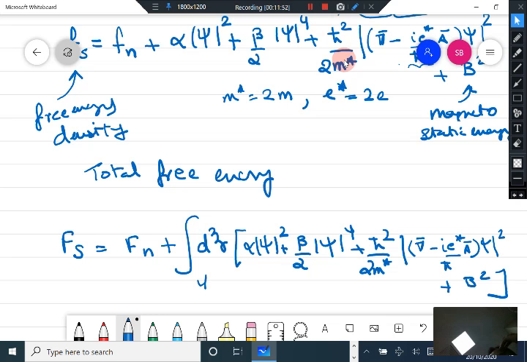You integrate it over the entire volume of the superconductor.